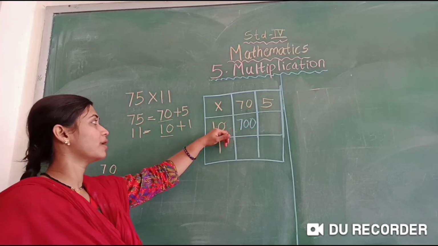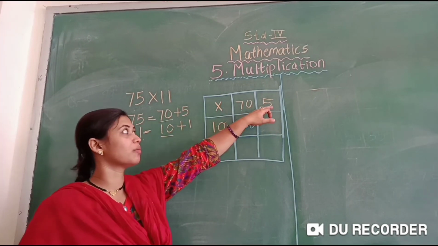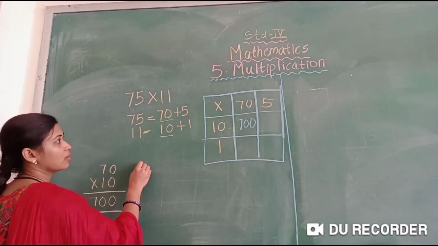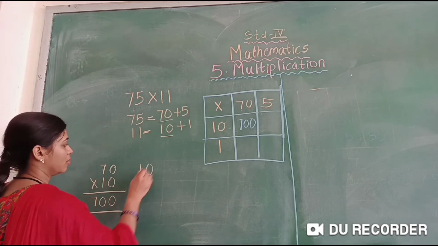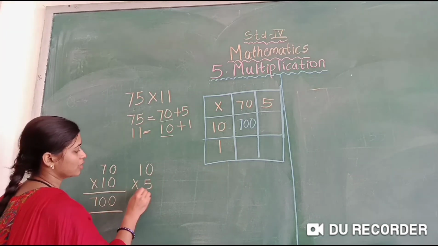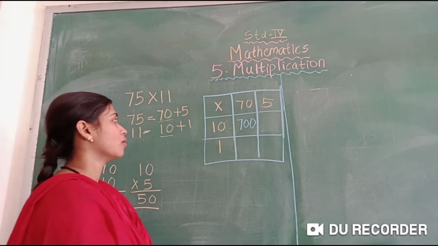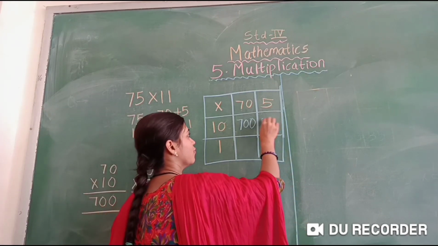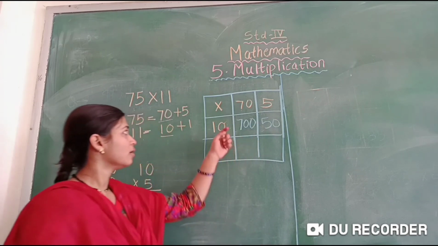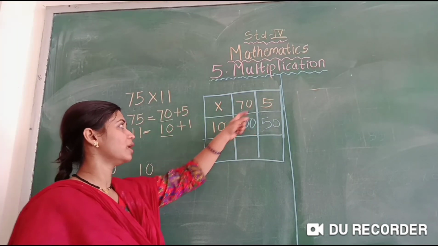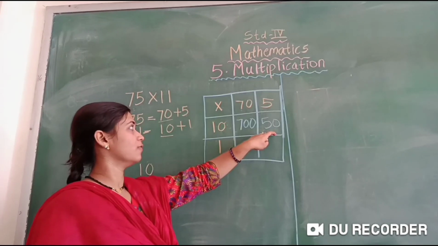Now we have to multiply 10 by the second number. What is the second number here? 5. Therefore 10 multiplied by 5 is how much? 50. The answer we have got here is 50. 10 multiplied by 70 is 700. 10 multiplied by 5 is 50.